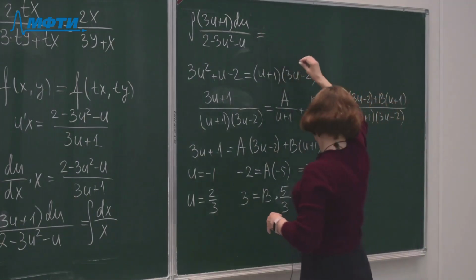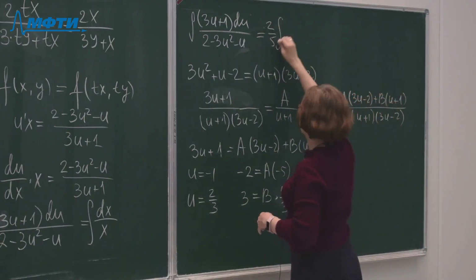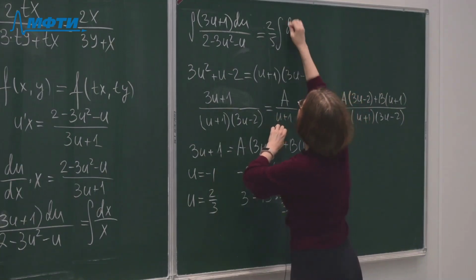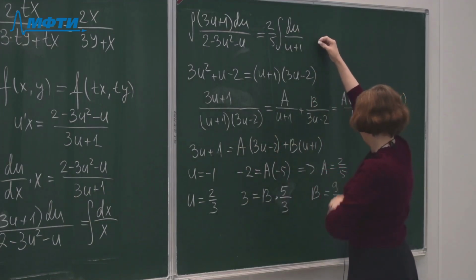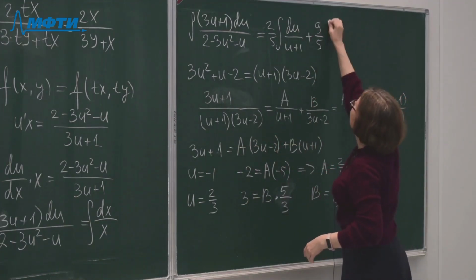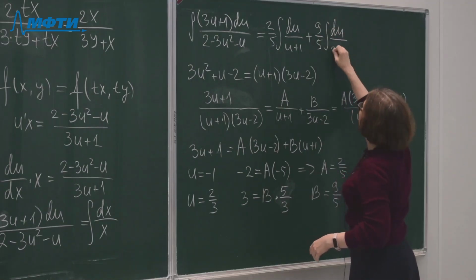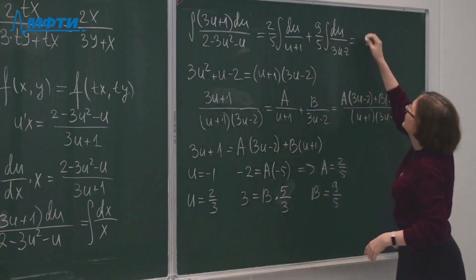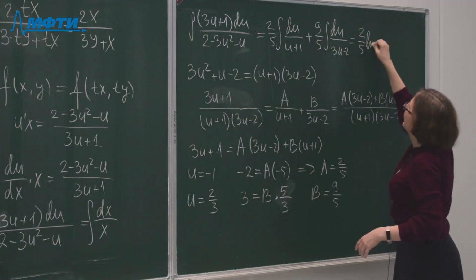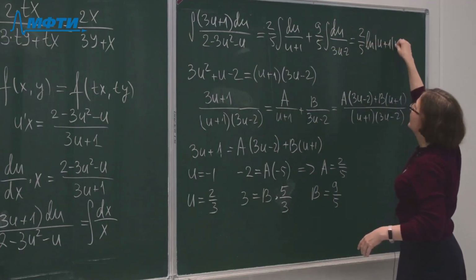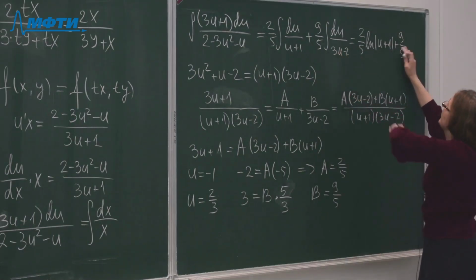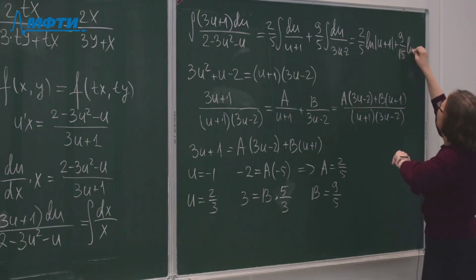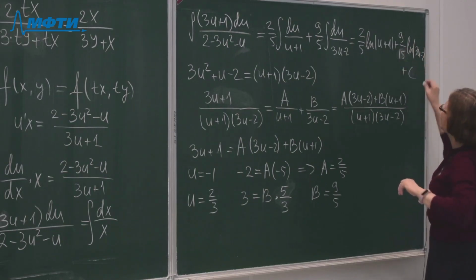Right, and then it is equal to 2/5 times the integral of du over u plus 1 plus 9/5 times the integral of du over 3u minus 2. It is equal to 2/5 ln absolute value of u plus 1 plus 9/5, divided by 3 by the coefficient, so 3/5 ln of 3u minus 2, plus the constant.